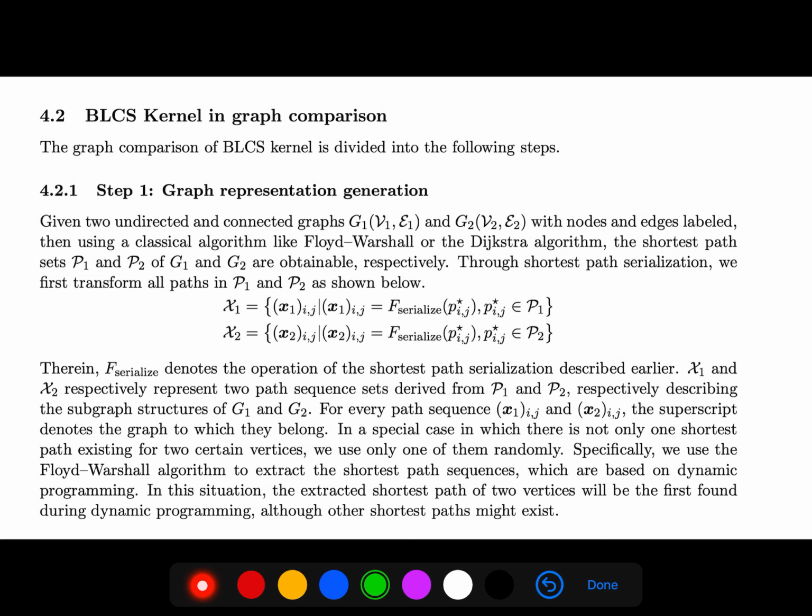And the way people find shortest paths is just the Dijkstra algorithm, which I've explained in different videos. It's a very classic algorithm, so we can always find the shortest paths of G1 and G2 respectively. So F serialized denotes the operation of the shortest path serialization.